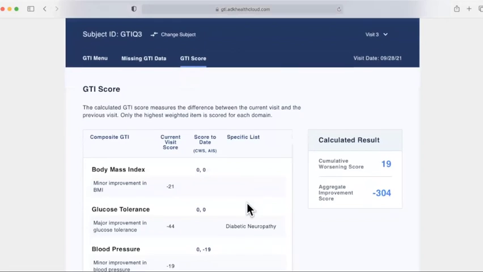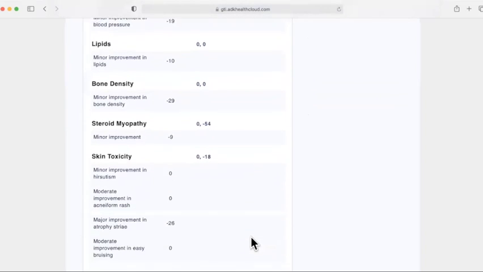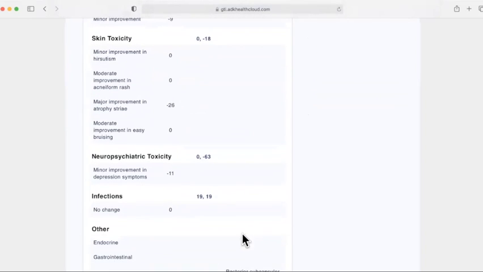And these are the scores now at the primary endpoint. So the cumulative worsening score for this patient over the full course of the trial, there has been a slight increase in one element of steroid toxicity. That was the infection, the oral candidiasis that had occurred at the interim 6-month visit.